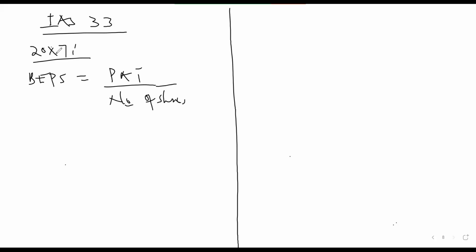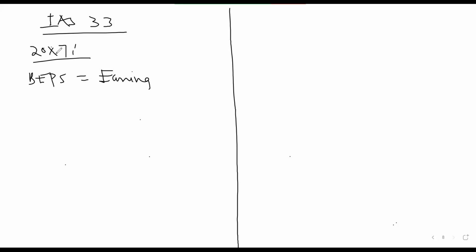Sometimes you can multiply the answer by 100 if you know that you are going to be getting pesos. So we have the profit attributable to this one. Not only profit after tax, profit attributable to the ordinary shareholders of the company.